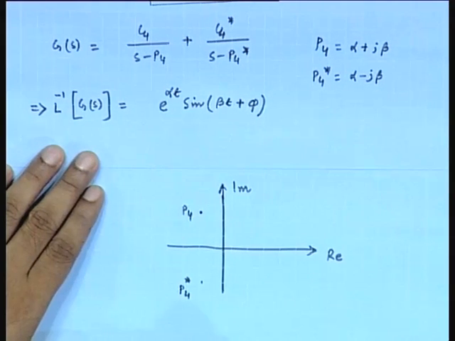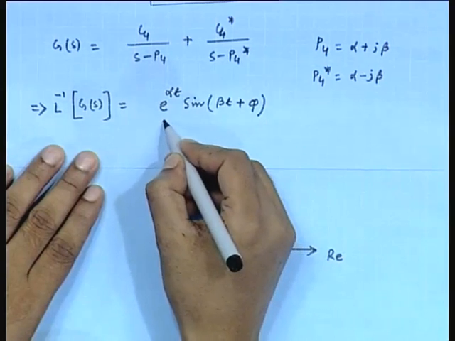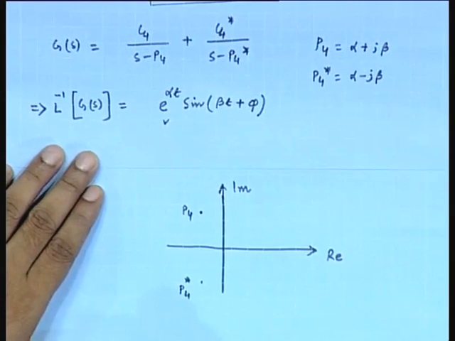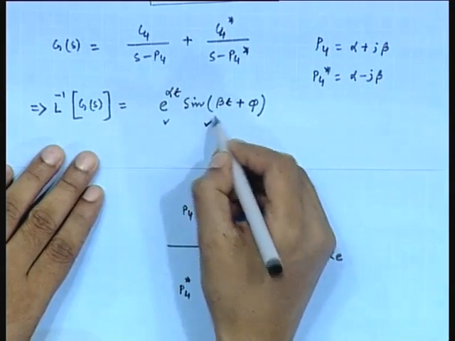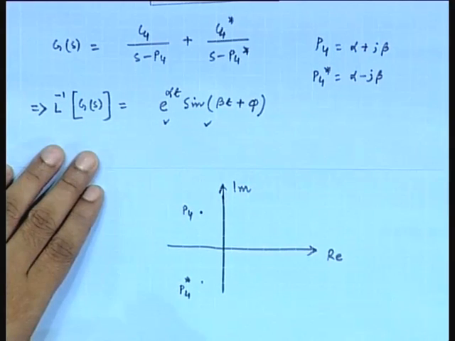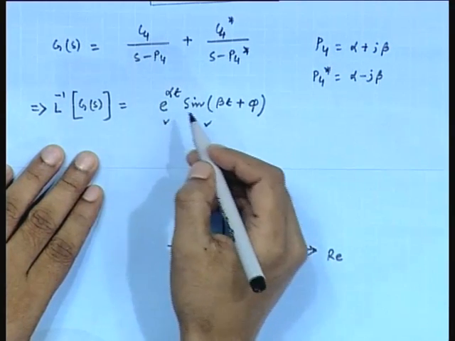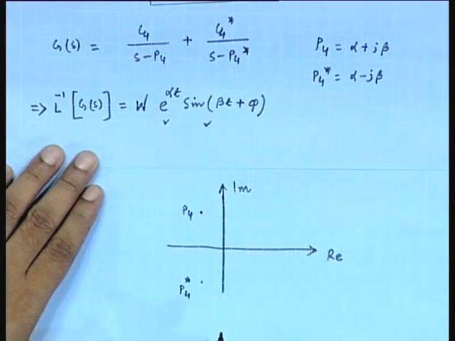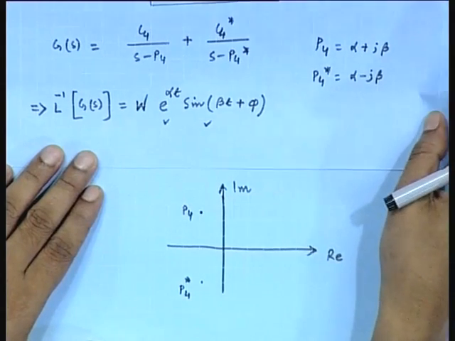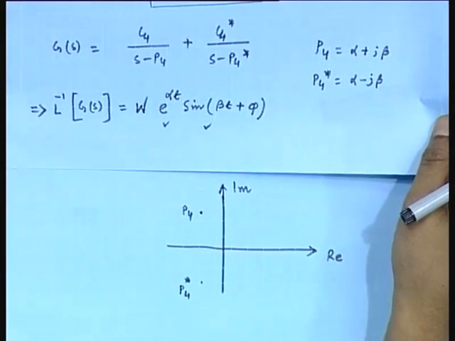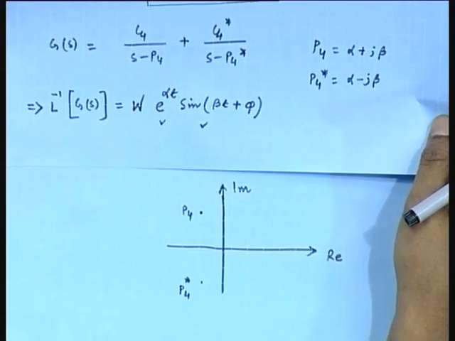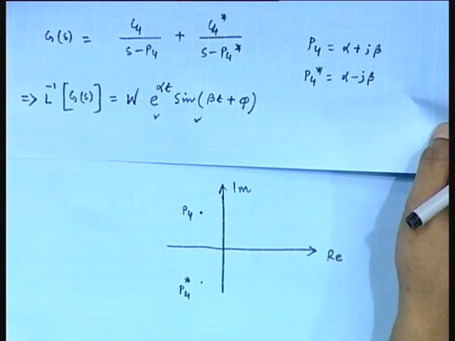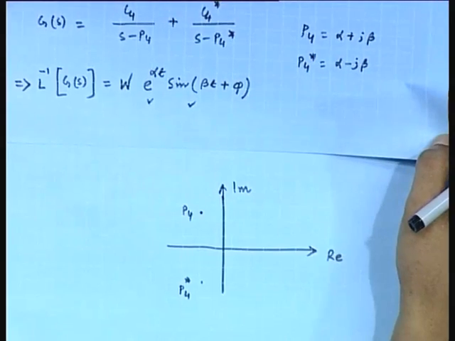Fine. Now, this right hand term may be multiplied with some value, suppose w. So, next we will consider the different values of alpha. Then what will be the response of the process having two complex conjugate poles?